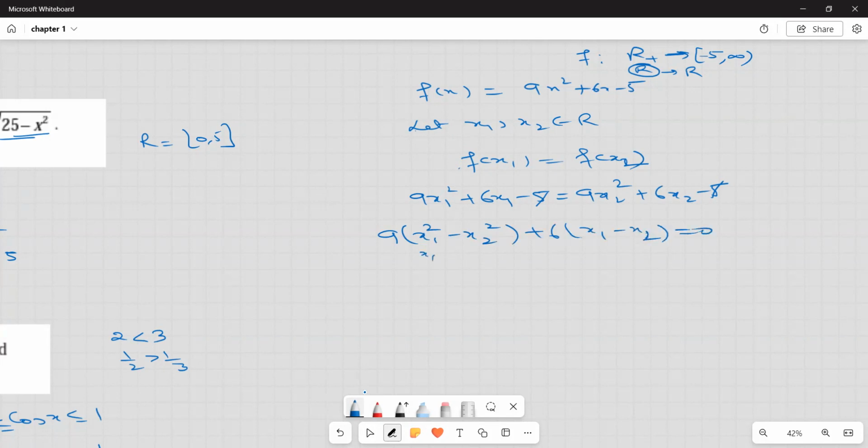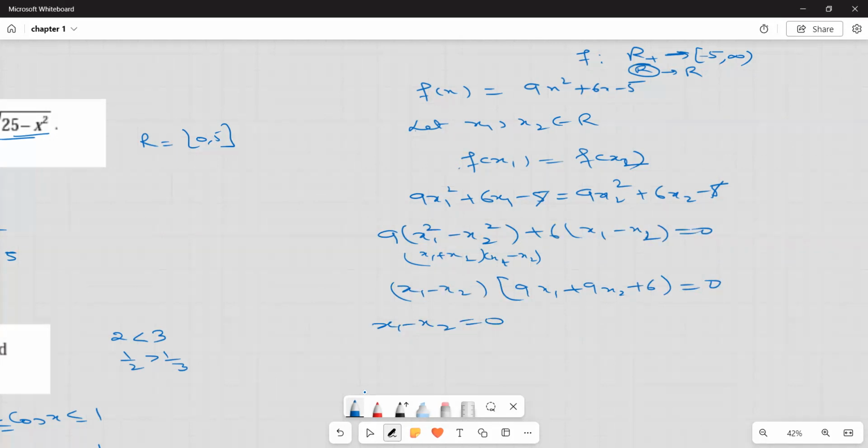Now, if I write this as a plus b, a minus b, these will be the terms. So I am taking x1 minus x2 common. So this is (x1 minus x2)(9x1 plus 9x2 plus 6) is equal to 0. Product of two terms is 0. So either x1 minus x2 is equal to 0, or 9x1 plus 9x2 plus 6 is equal to 0.